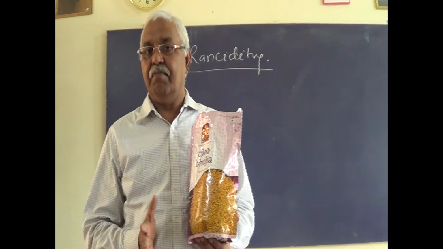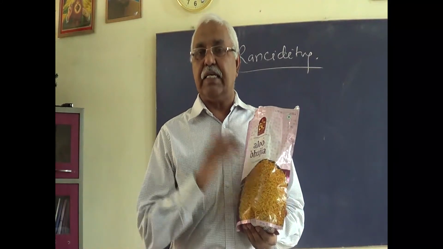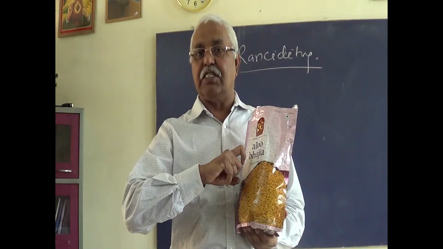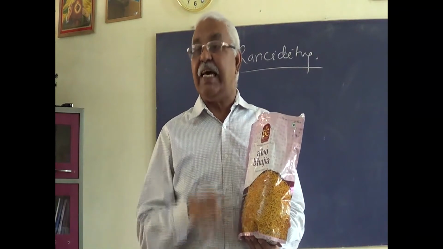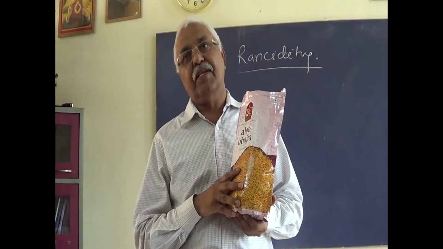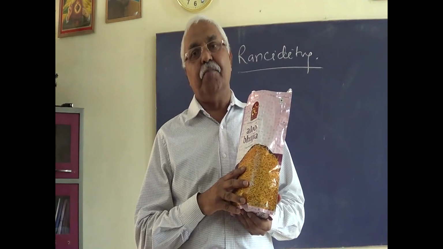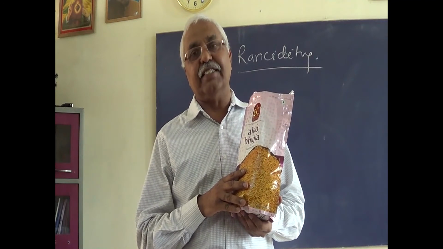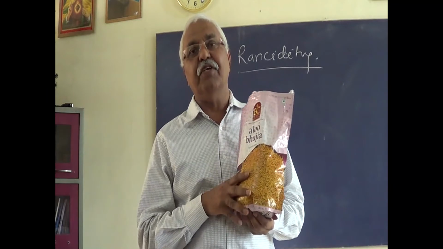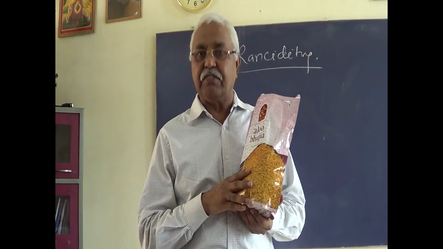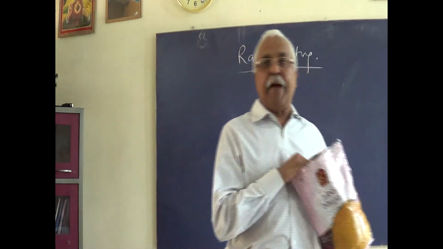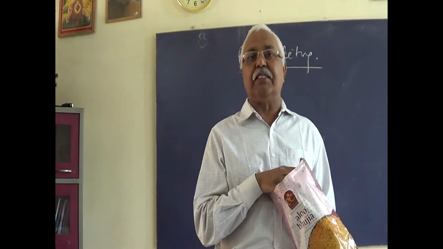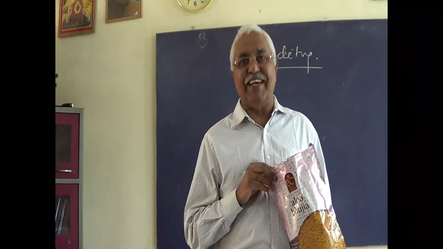Why? The chemical action that takes place is that the oil or fat present in your eatables reacts with oxygen, gets oxidized and forms rancid. Rancid causes a change in the taste of the eatables. That's why many manufacturers, before packing, flush the packet with nitrogen gas.